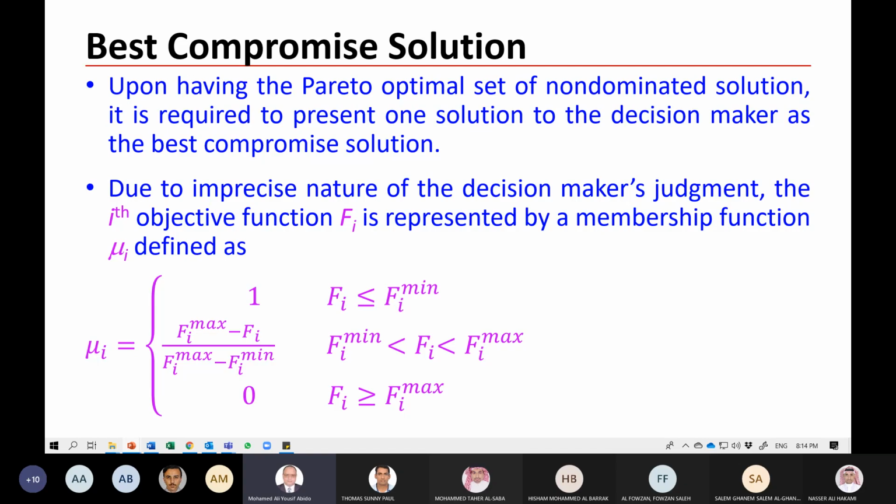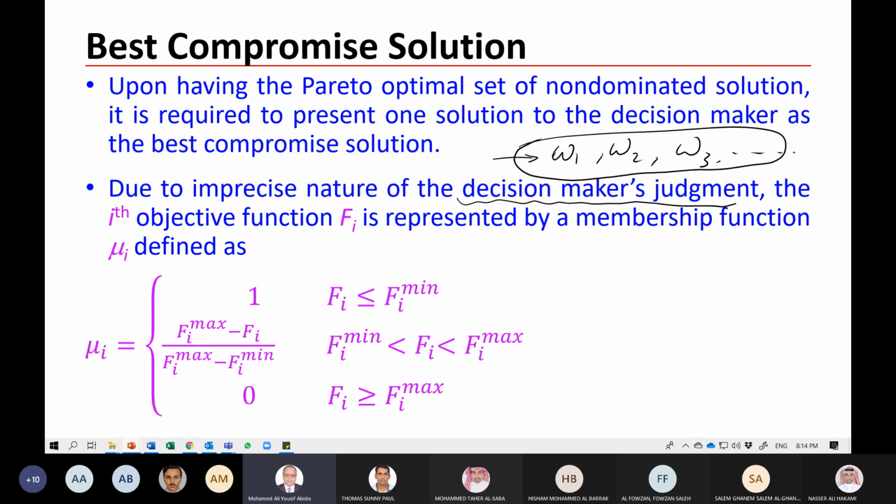But for traditional methods, the decision maker's judgment is done before optimization. When you set W1, W2, W3 and so on, this is the decision maker's judgment. But for multi-objective, you do the optimization, and at the end the decision maker can judge, since he has several solutions, the Pareto optimal set.